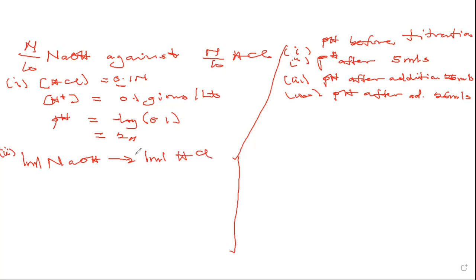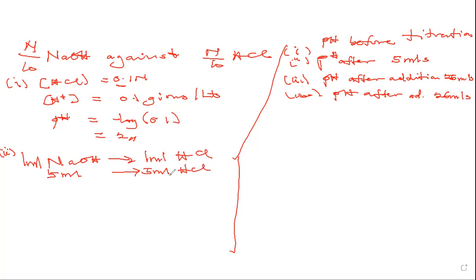That is what you're supposed to deduce from it. So we are adding 5 ml of the base, and by proportion, it will neutralize 5 ml of our acid. Does that make sense?